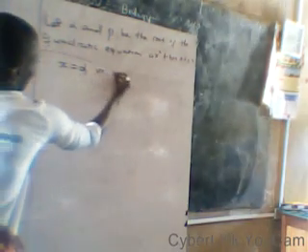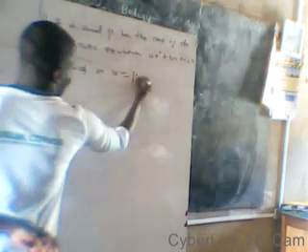Now, since we have assumed that alpha and beta are the roots of this quadratic equation, we say, therefore, x equals alpha or x equals beta.